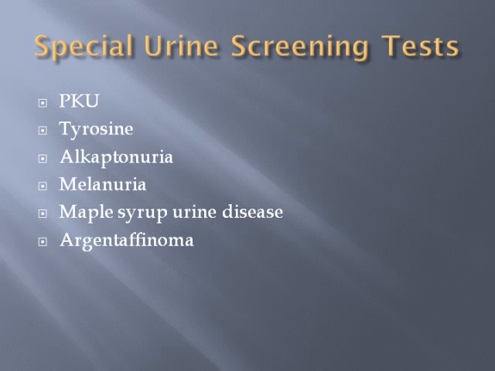A lot of times these are 24-hour urine collections, and there are special procedures for collecting the urine and processing the urine prior to sending it out to a reference laboratory. But it's important for these to be detected, especially in urines.